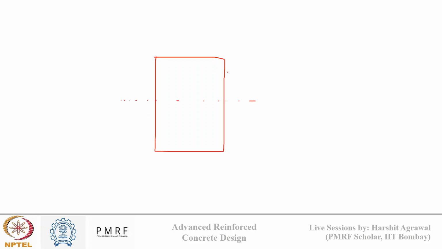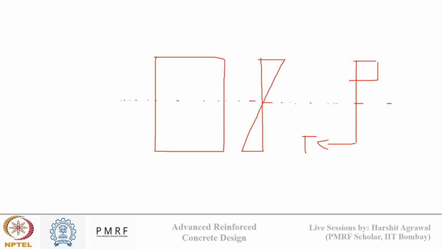We have plotted the strain block, and the stress block was this. This is my concrete equivalent stress block, and this is the tensile force offered by the steel, and this is the net compression force offered by the concrete.